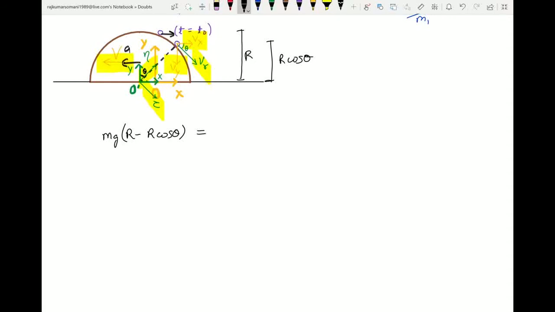This is equal to the change in kinetic energy. Final kinetic energy is half m1 times the speed squared of the particle in the yellow frame of reference, which is root over Vx square plus Vy square, plus half m2 V square, minus the initial kinetic energy. Everything was at rest in the yellow frame of reference, hence initial kinetic energy is 0.